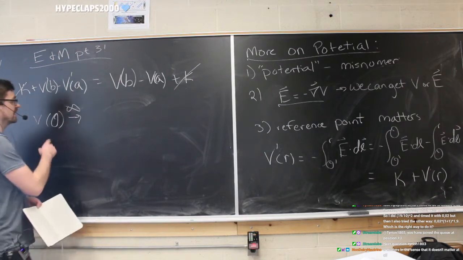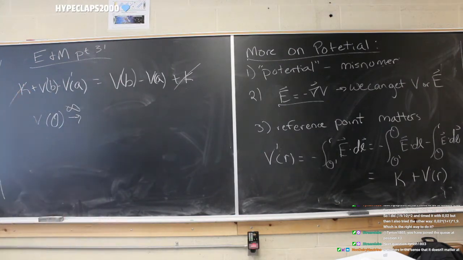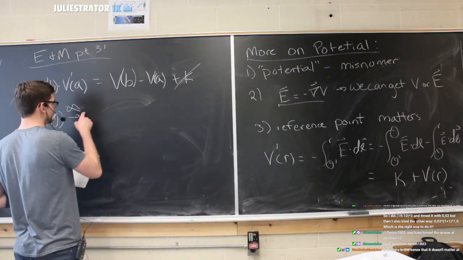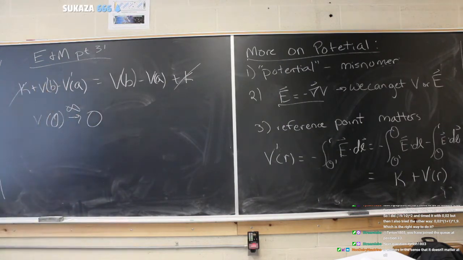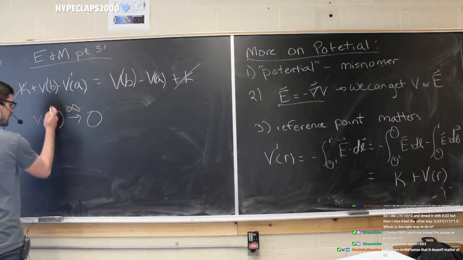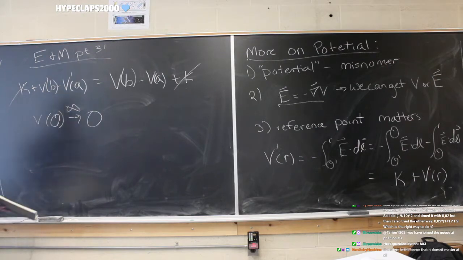Because remember, the potential is inversely proportional to the radius. So if the radius is infinity, then this is going to be 0. So by convention we say that the potential of our origin is at 0, or at infinity, excuse me. So the potential is 0.